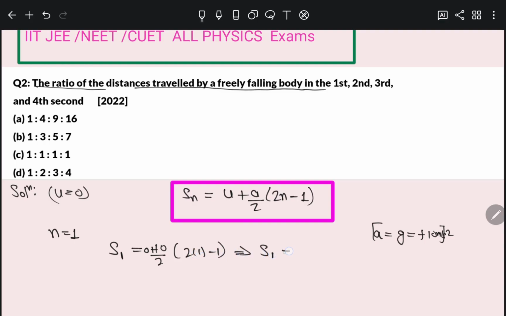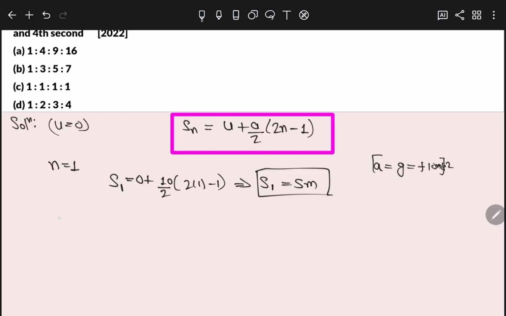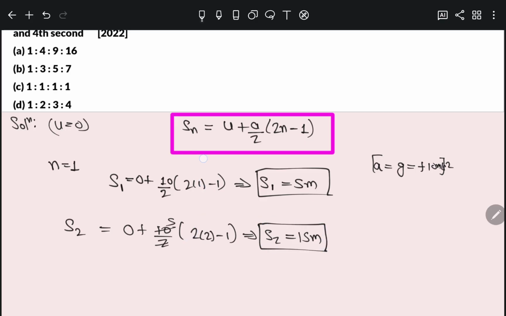So this becomes 5, 2 minus 1 is 1, so 5 meter in the first second, right? For the second second they travel a distance of 0 plus 10 divided by 2, times (2 into 2 minus 1). 2 twos are 4, 4 minus 1 is 3, 5 threes are 15 meter. They travel 15 meter distance in the second second.